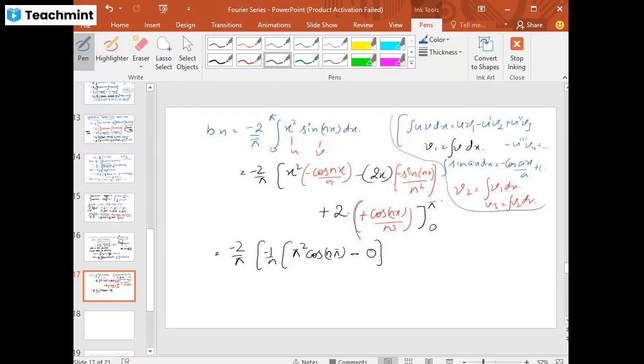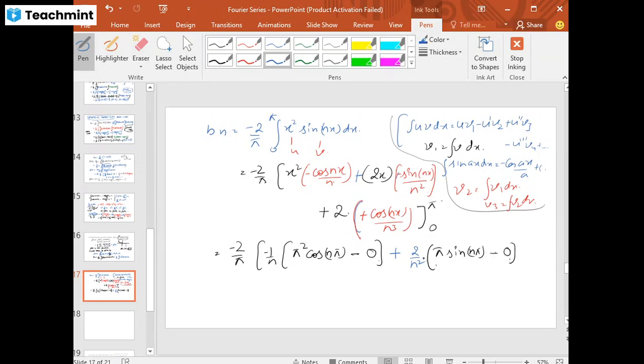Then in the second term, this negative sign becomes positive. So 2 upon n square is common. So what do we have inside the bracket? When x is pi, it is pi into sine n pi, minus, when we put 0, 0 into sine 0 is 0.